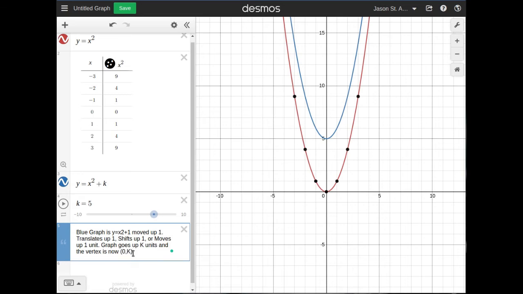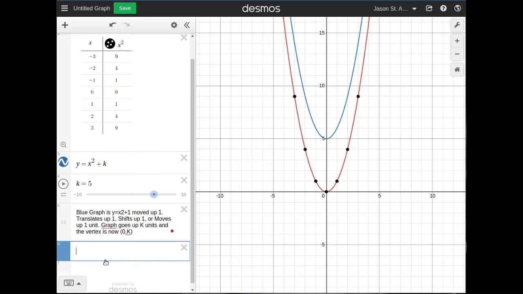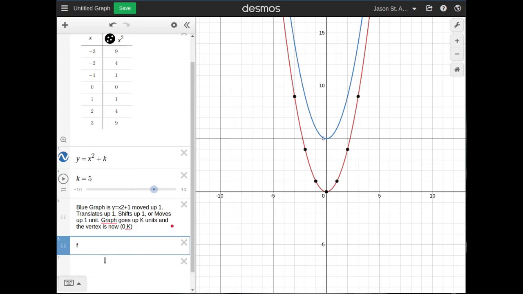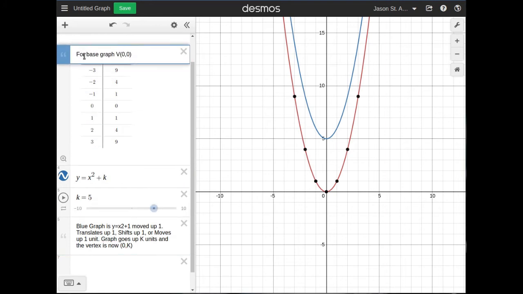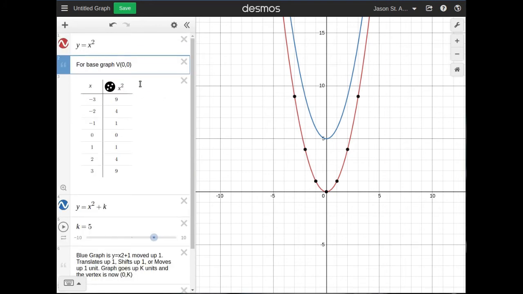All right? So the original vertex for our first graph, for the base graph, the vertex v is (0, 0). There we go. So the vertex for the base graph of y equals x squared is always (0, 0).